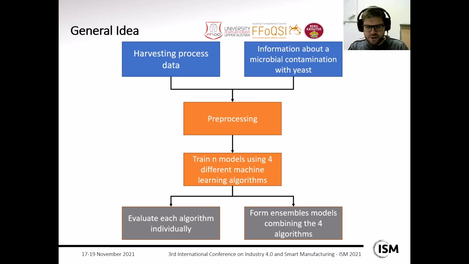Then we evaluate each algorithm individually, calculating the accuracy, and we also form ensemble models combining the 4 algorithms. Here we use different strategies, which I will explain later. So this is the main idea of the solution.